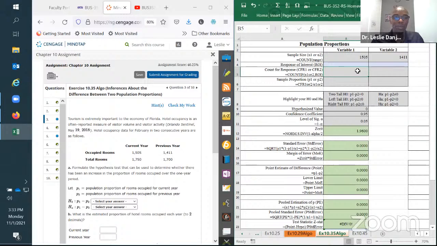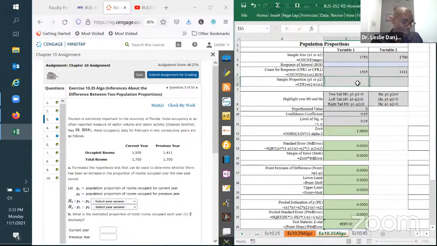All right, this is a proportion. Be careful with this. So the total rooms is, I got to switch these numbers up, 1750 and 1700. The count for response is 1505, and this one is 1411.